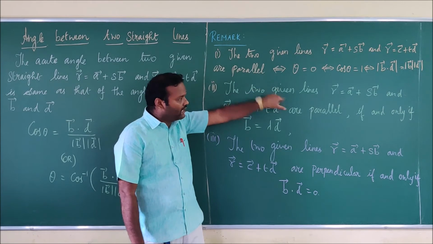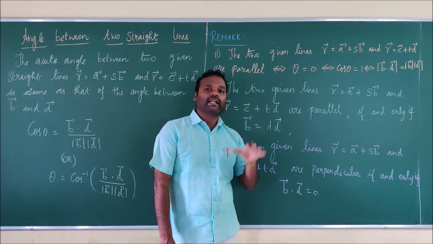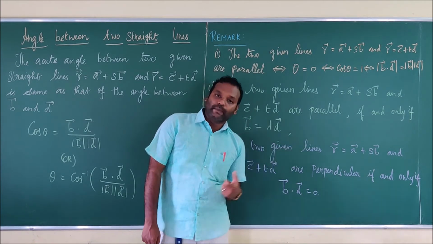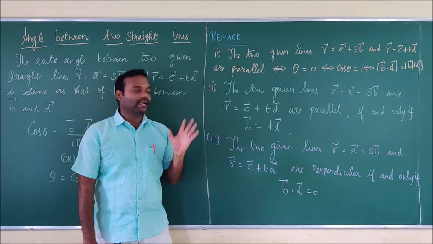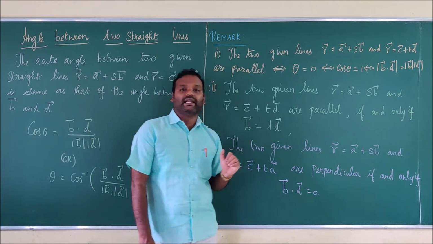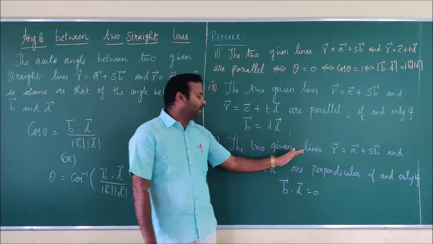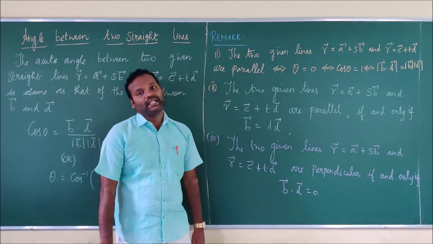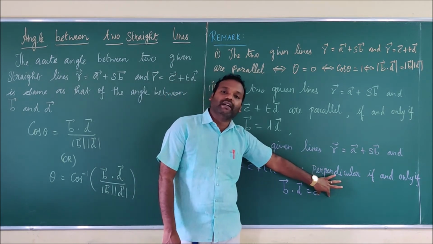In parallel lines we also have another condition: when you compare the directional vectors, one vector may be a multiple of the other vector. If such a condition exists, at that time also we can say that the given two lines are parallel. And the third condition, the two lines are perpendicular if and only if the dot product of the directional vectors is equal to 0.